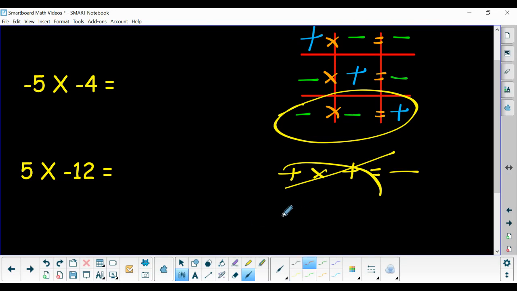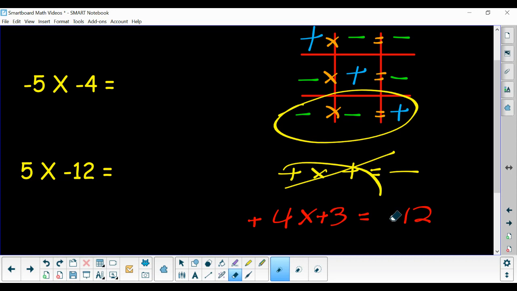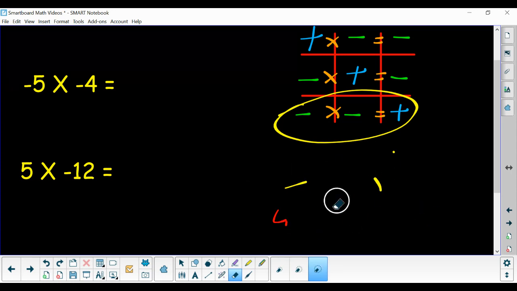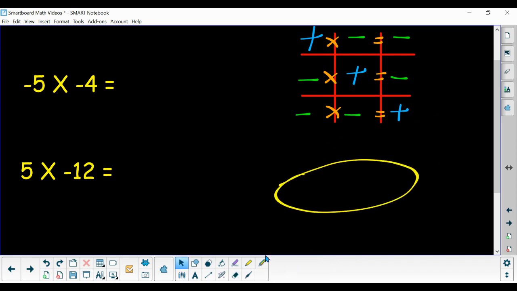What I mean is, all of a sudden 4 times 3, both numbers which are positive, are going to equal a negative number. No, it's still going to be a positive 12. So don't get confused by that. A lot of my students, when they start using this, start thinking that 2 positives equals a negative. Nope, 2 positives still equals a positive. But 2 negatives gives you a positive answer.